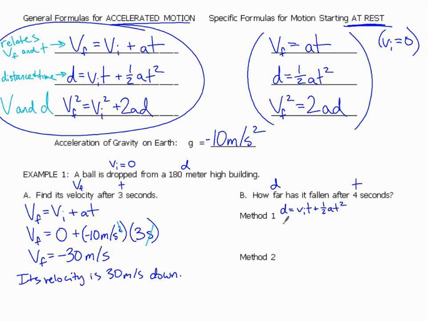So we can fill in some numbers. Distance equals 0 times 4 seconds plus 1/2 times negative 10 meters per second squared is our gravity, and time is 4 seconds. Probably the biggest thing that students forget to do is squaring the time. Don't forget to square the time.